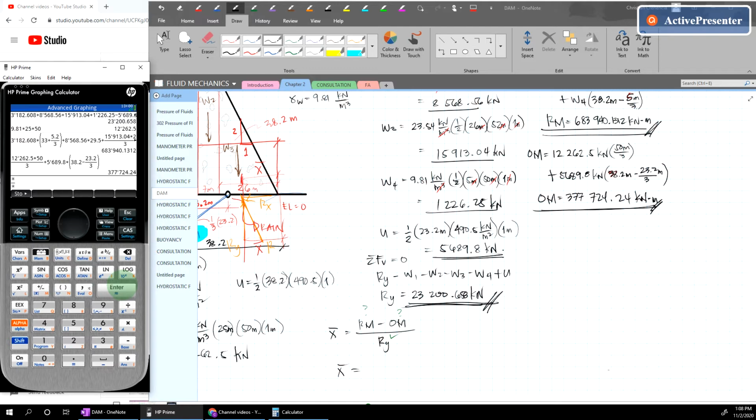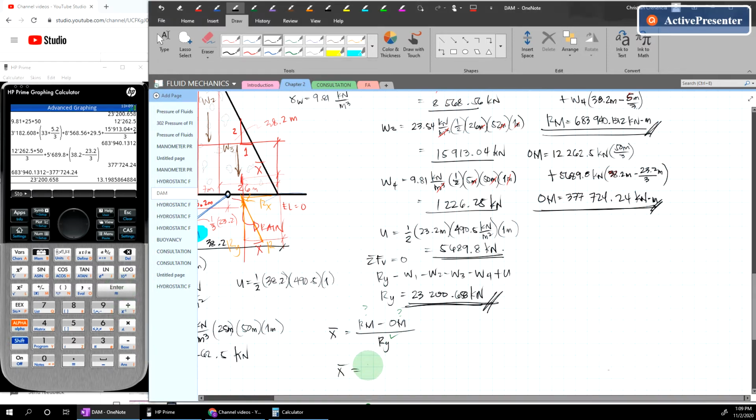So writing moment is yung 683,000, then minus nung overturning moment yung 377,000, then over RY. So nasolve na natin RY, 23,200. Okay, so yung X bar is located at 19.86 meters. So this is from the toe.